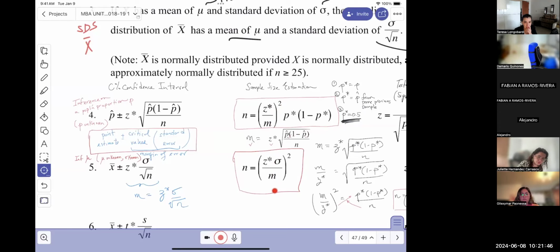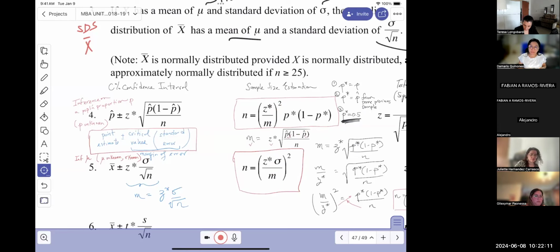This one is for means. So you should get used to seeing questions about the mean, like measurements or ages, variables that we've calculated for the mean as opposed to the proportion.